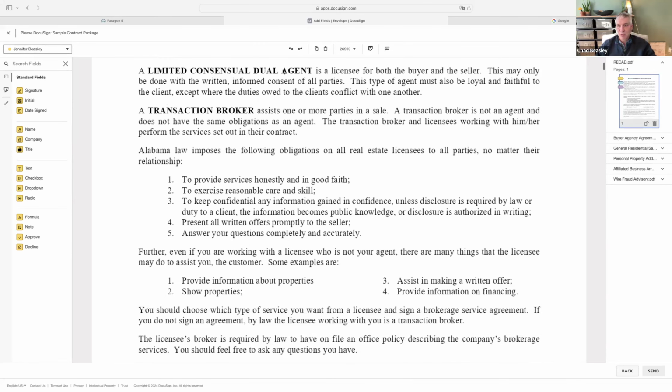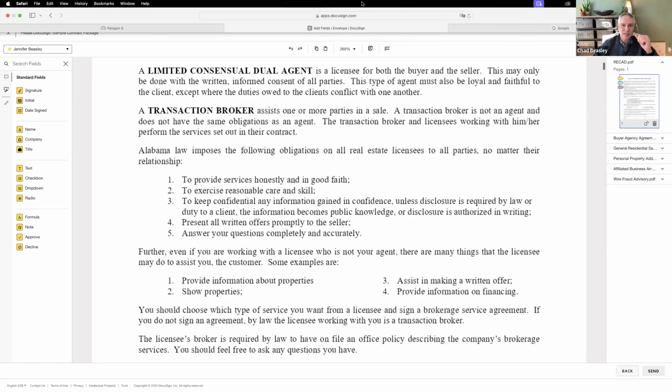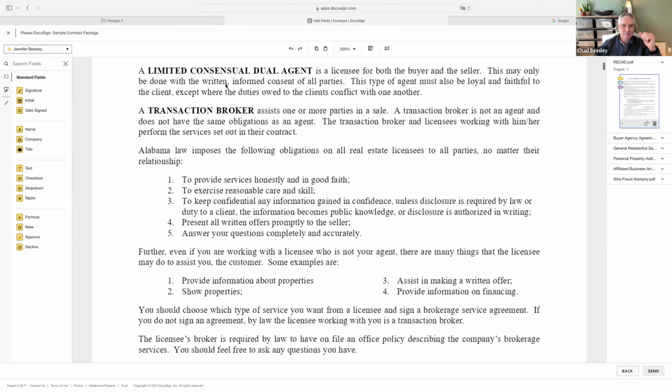Limited consensual dual agency is when I, as an EXP agent, am representing a buyer and I'm writing an offer on another EXP listing, well, the same broker is representing both parties in that transaction. So that brings up limited consensual dual agency. We'll read this.